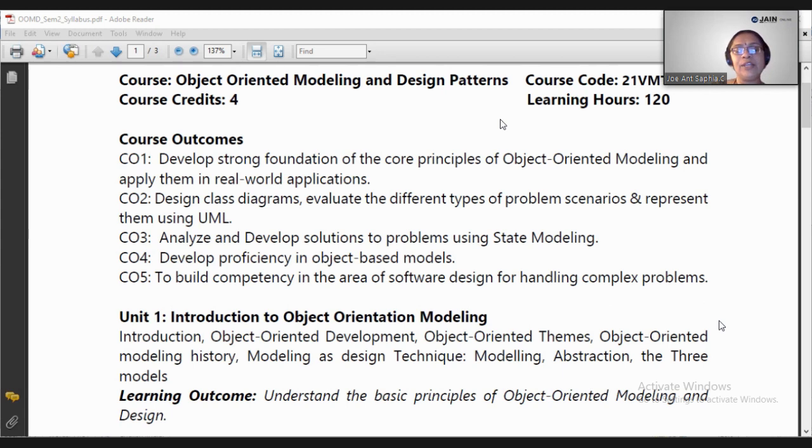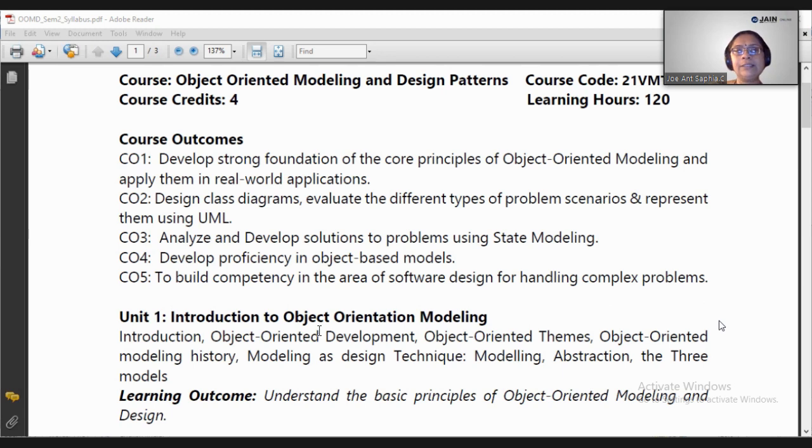Features means encapsulation, abstraction, inheritance, polymorphism. Yes, very good. So these are the themes. Then how the OOMD language evolved, that we might have seen in the first unit.